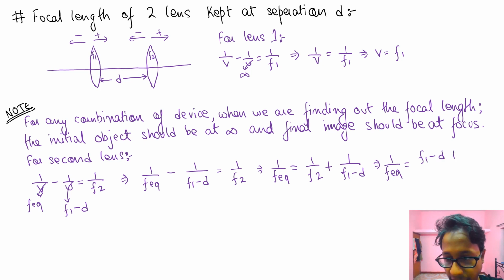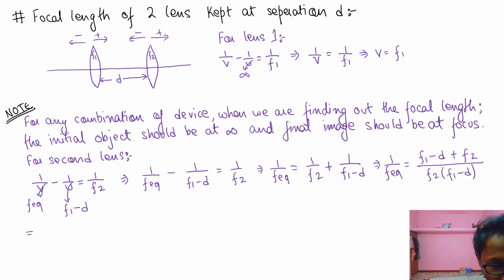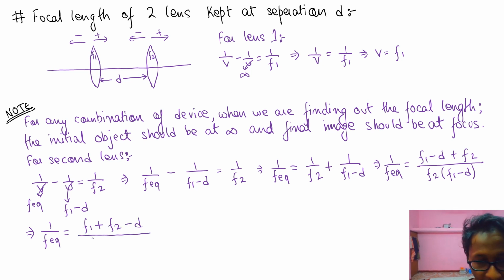It becomes (f1 minus d plus f2) divided by f2 into (f1 minus d), or 1 by f equivalent is equal to (f1 plus f2 minus d) divided by f2 into (f1 minus d).